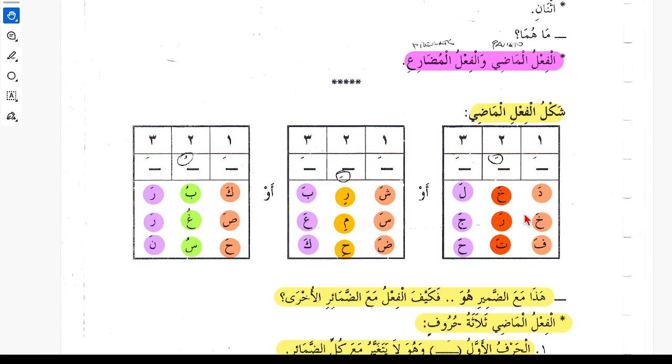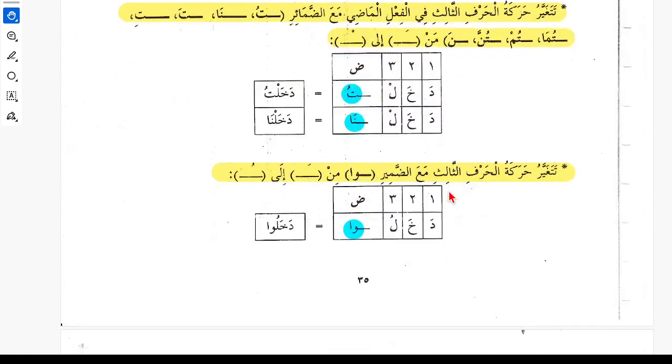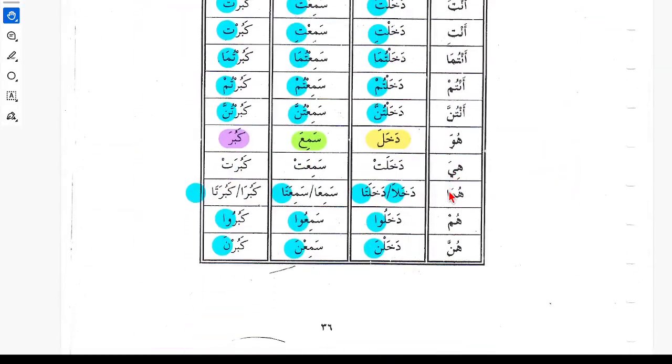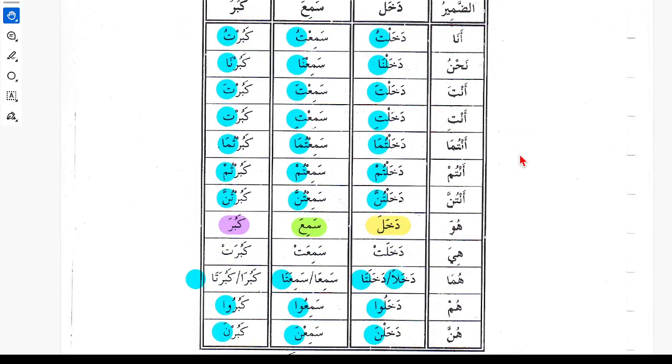So for dakhala, let's look at the whole conjugation of this verb. Huwa dakhala, hiya dakhalat, huma dakhala for masculine and dakhalata for feminine.